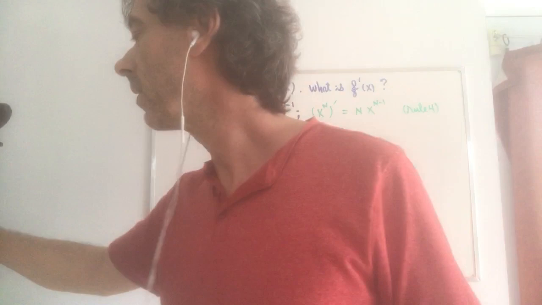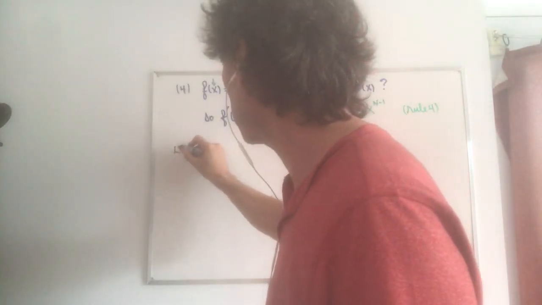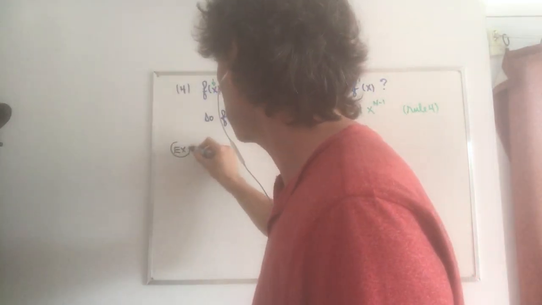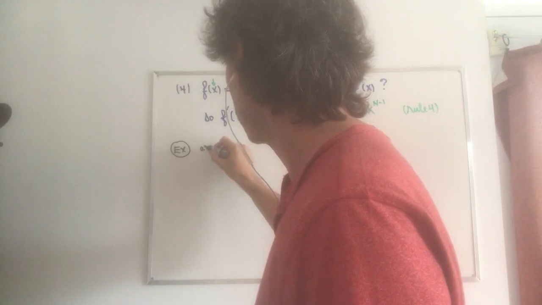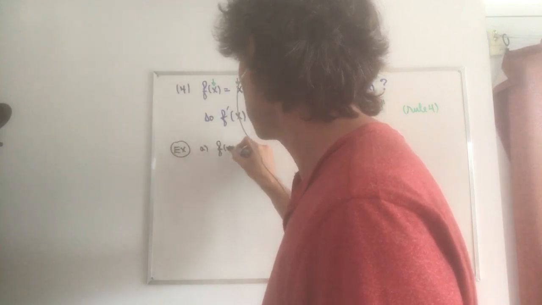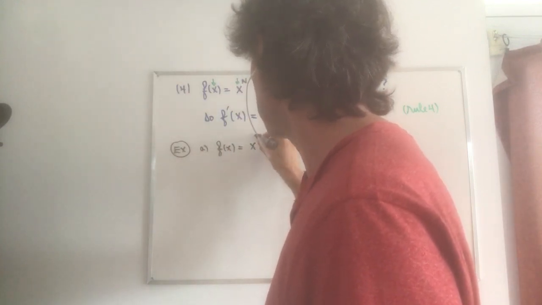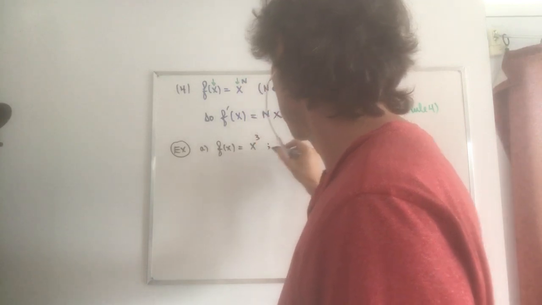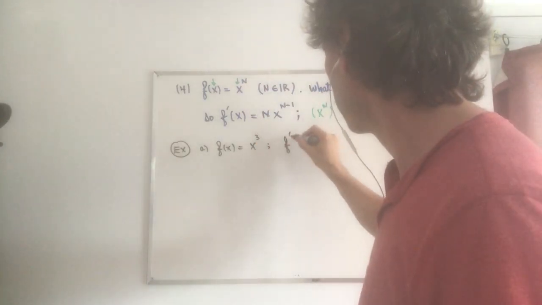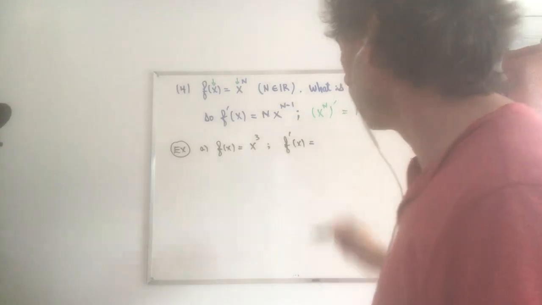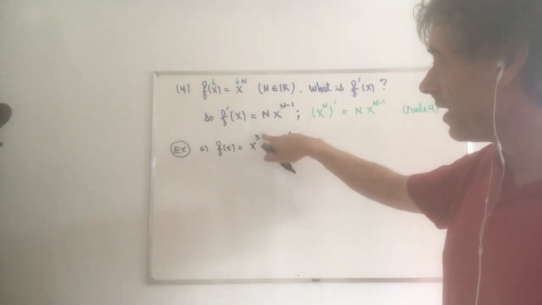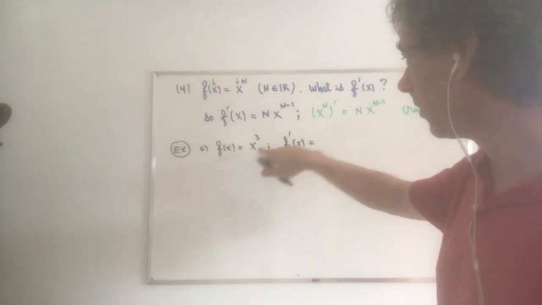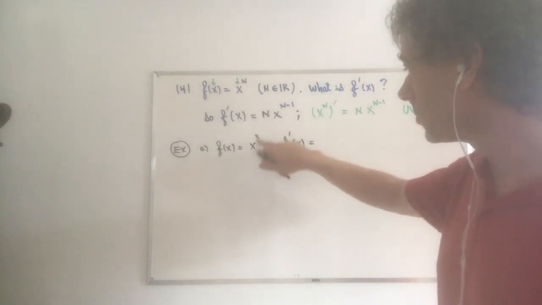Let me show you a couple of examples on how this works. Example. f of x is equal to x to the 3. What is f prime? Well, this is x to the n. You see the pattern? x to a power.